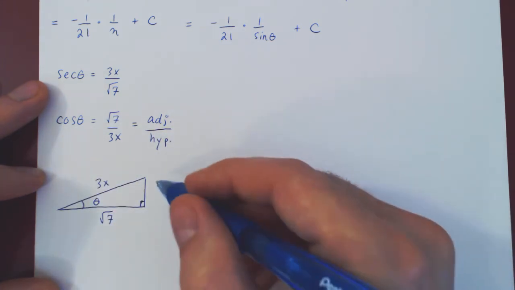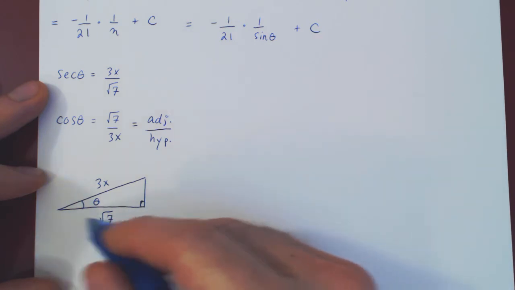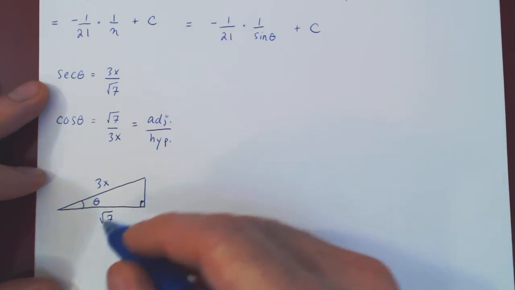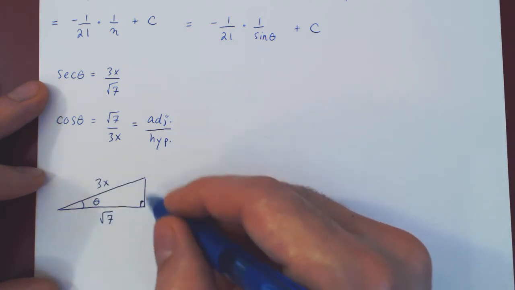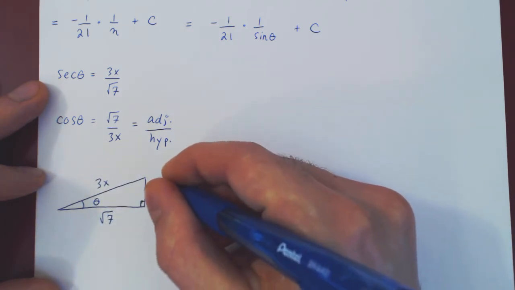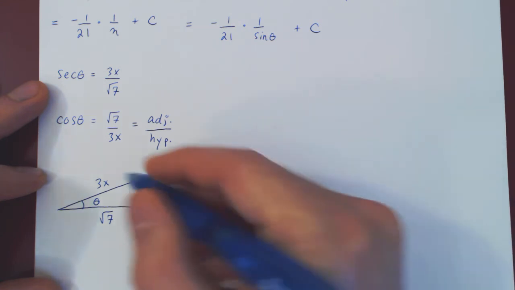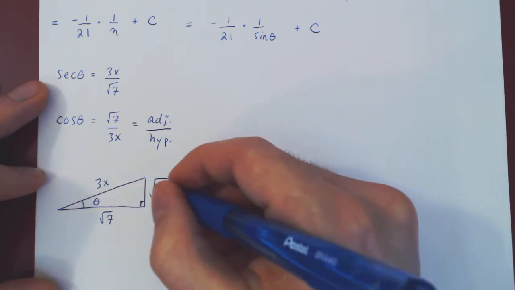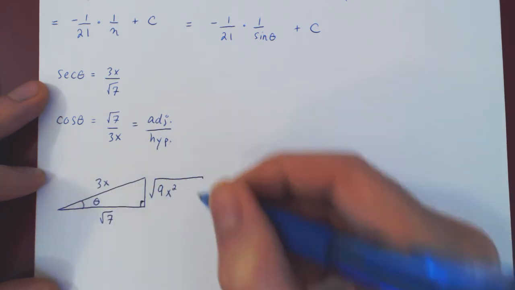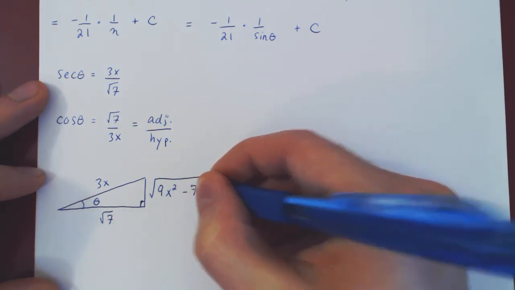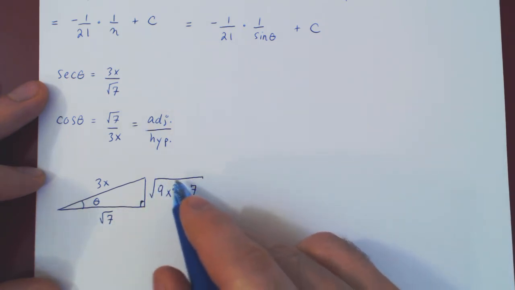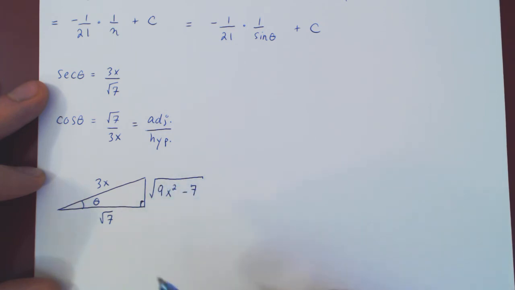And again, by Pythagoras' theorem, we can complete our right angle triangle. This squared plus this squared is this squared, and so the height of our triangle is the square root of the hypotenuse squared, which is 9x squared, minus the base squared, which is of course 7. And you see again that we recover the original quadratic polynomial.